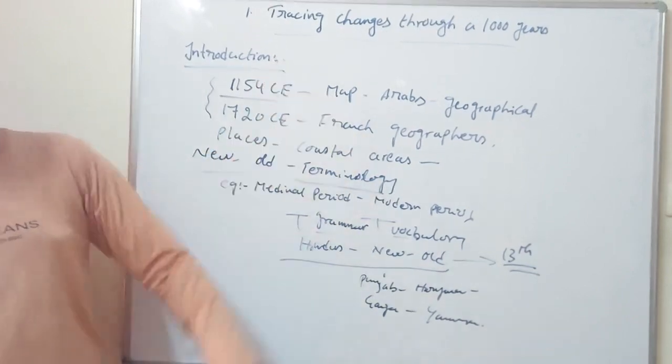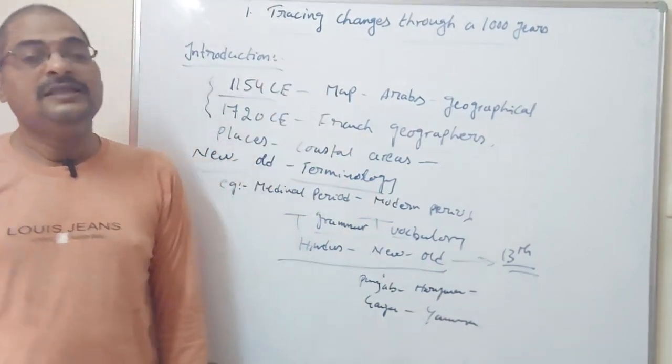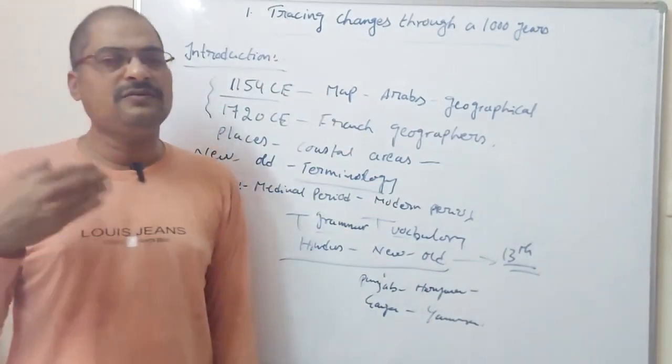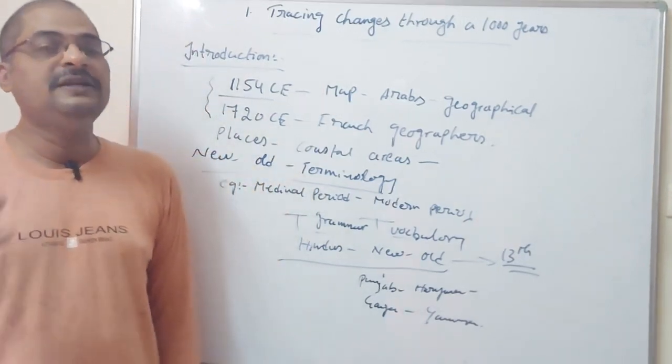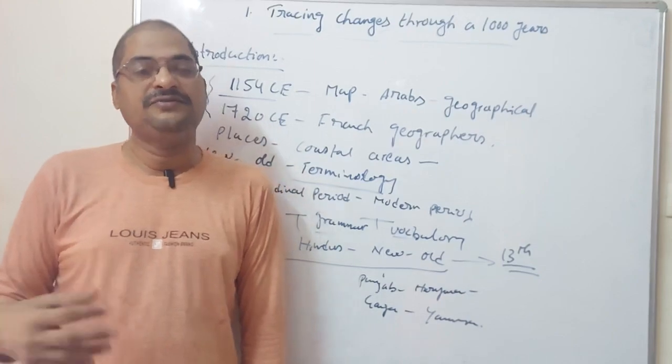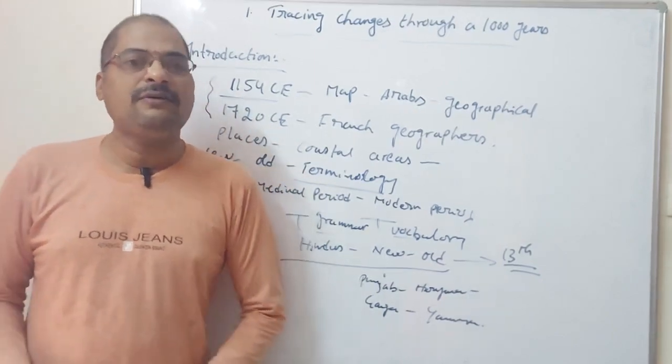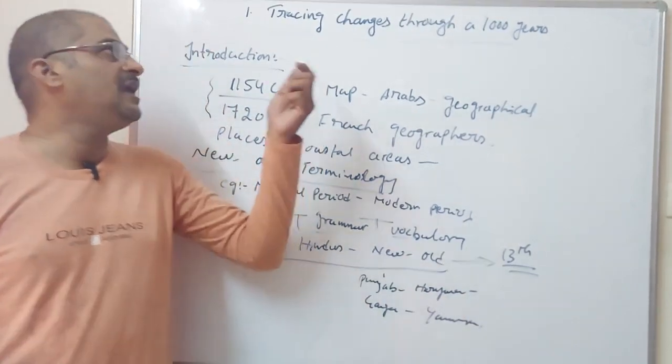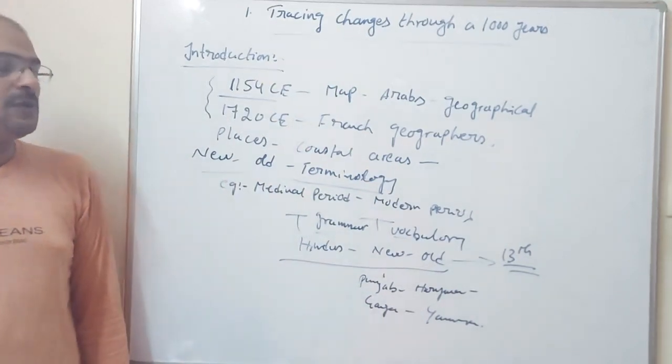All these changes occurred over 1,000 years. Different kinds of trading also developed through those 1,000 years.